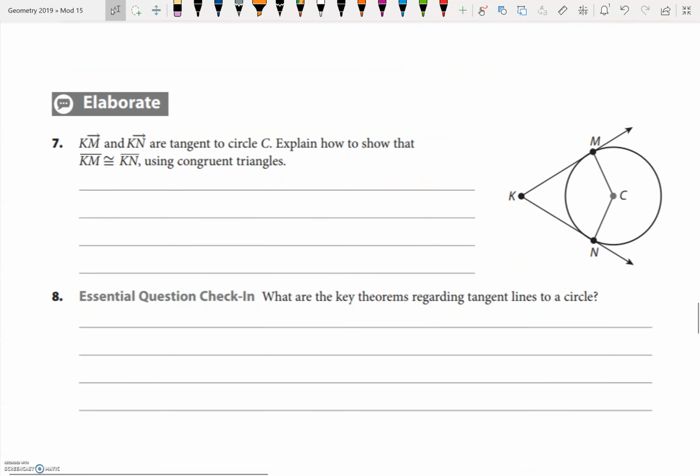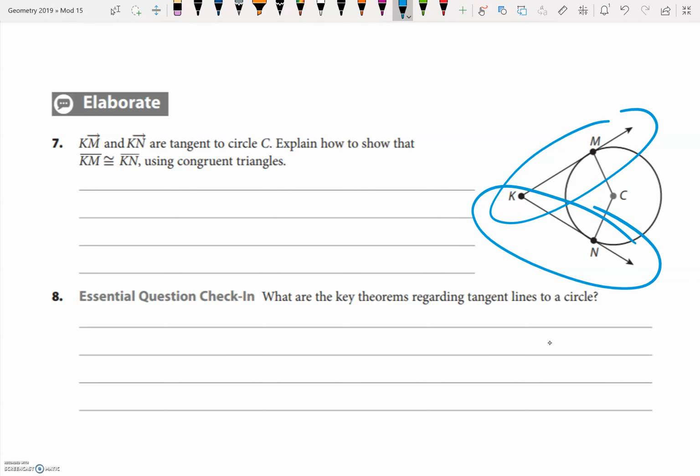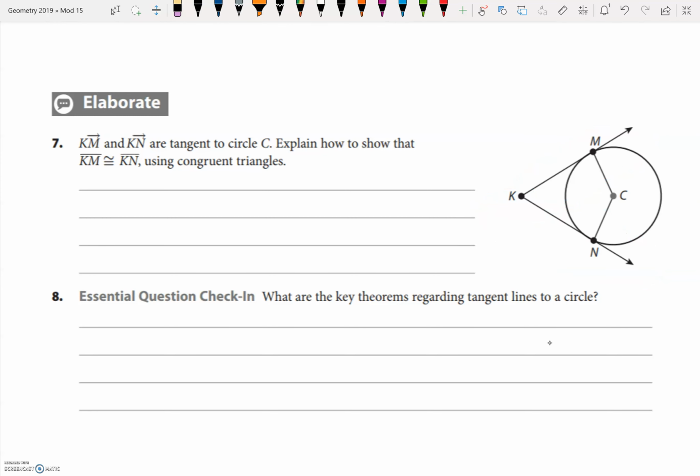The last thing I want to show here before we do an example is we've got two tangent lines, and we want to show that these lines here, KM and KN, are going to be congruent. So what we can do is draw a line between K and C, and we have a right angle, and we have a right angle, and they share the hypotenuse.